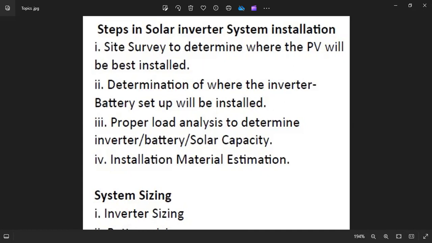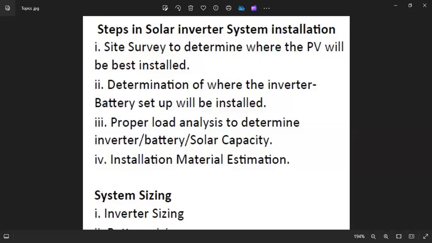There's a time of the year that the sun comes directly on top of us, then there's a time of the year that the sun goes away from us. So whether it goes away or it comes directly on top of us, depending on the season, the solar panel should be able to get something good from the sun. That is what it actually means. You understand?